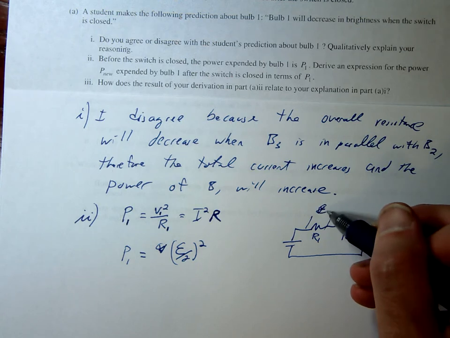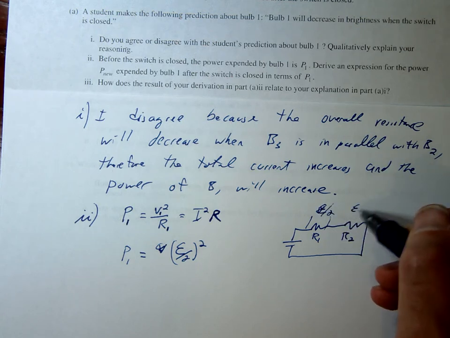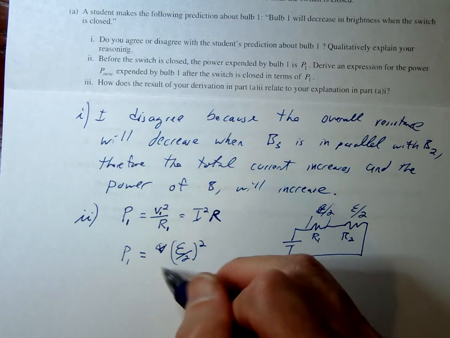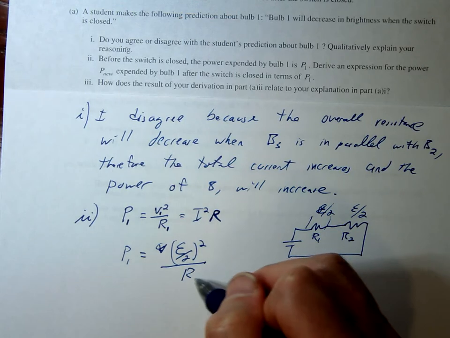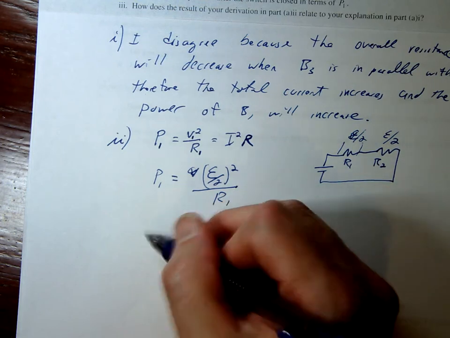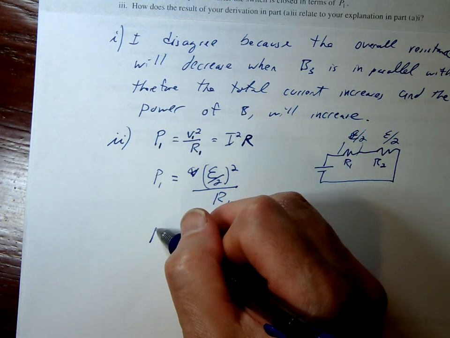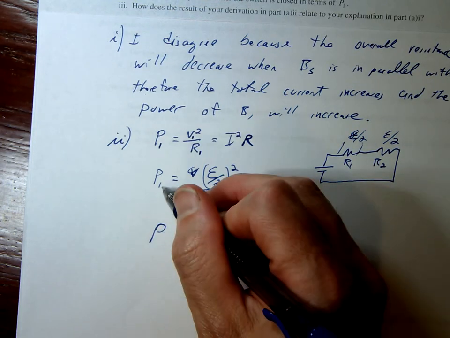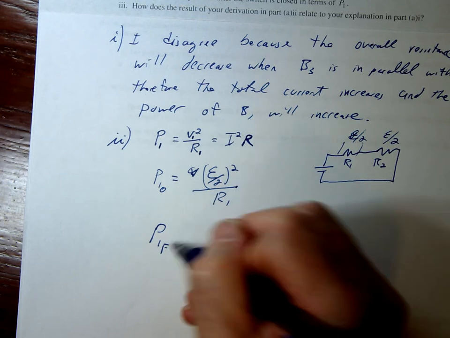This would be epsilon over 2, this would be epsilon over 2. So that's going to be our initial power, P1. Okay, and then P1 after, call this initial, P1 final.